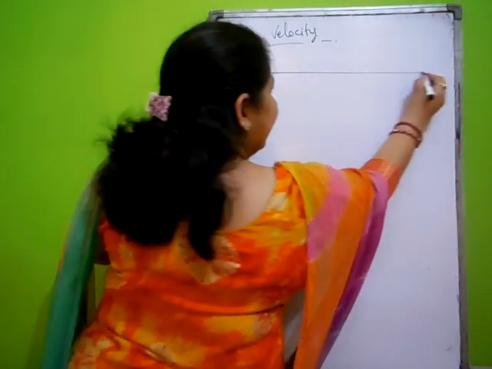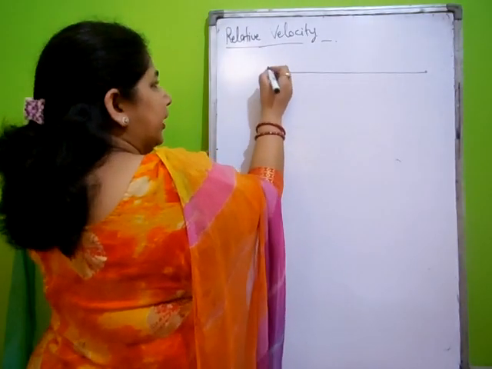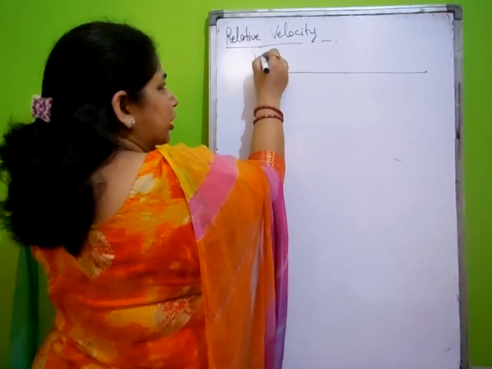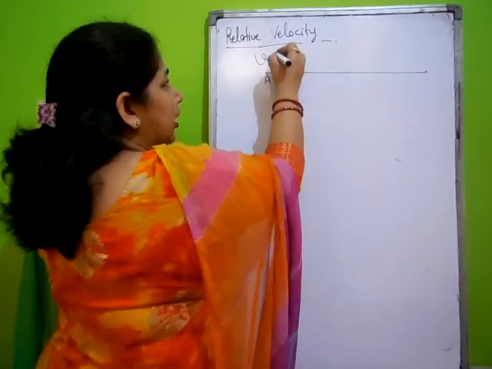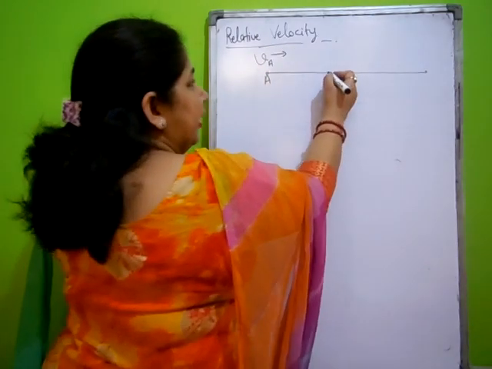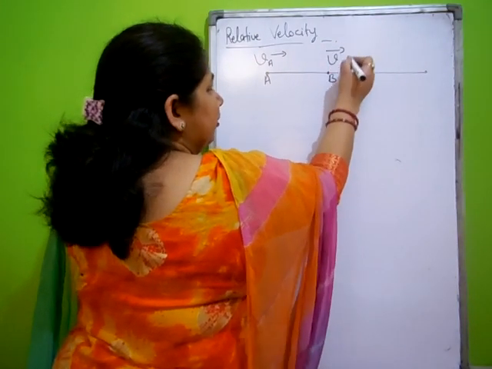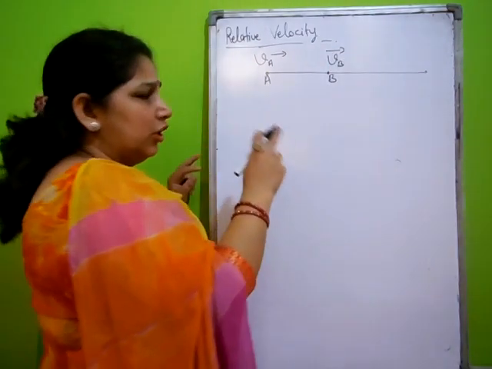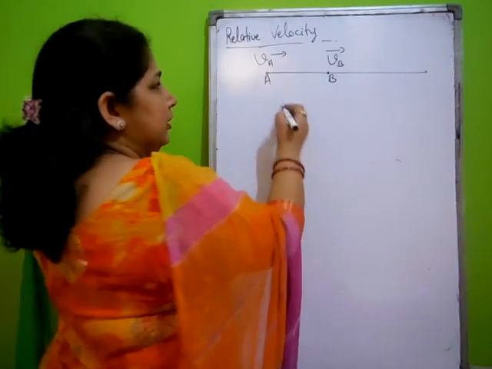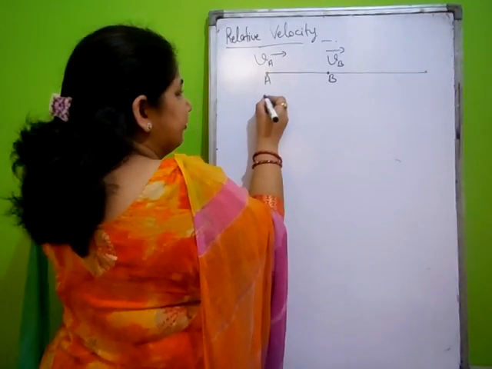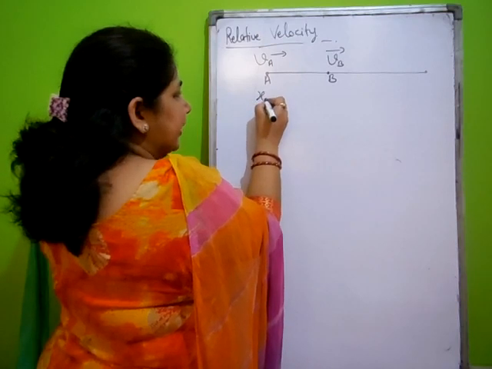Suppose any object A is moving with velocity VA with respect to Earth in this direction and an object B is moving with velocity VB with respect to Earth. Here the position vector of this is XA0.